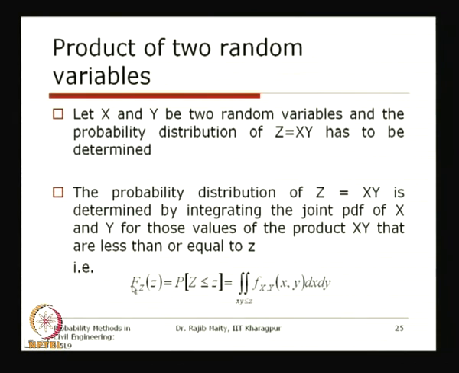So Fz is the probability of z less than that specific value. If we want to know this, we have to integrate the joint distribution of x and y over the area where the product xy is less than z. This is the basic equation for the CDF of z.